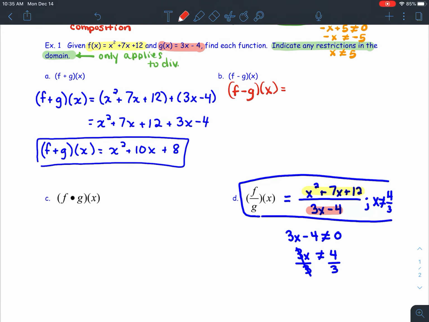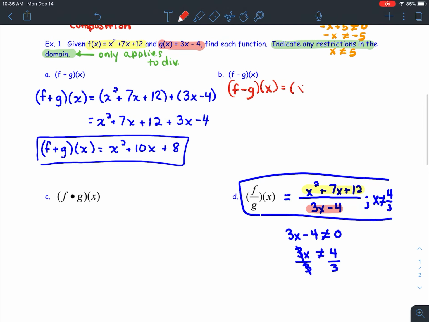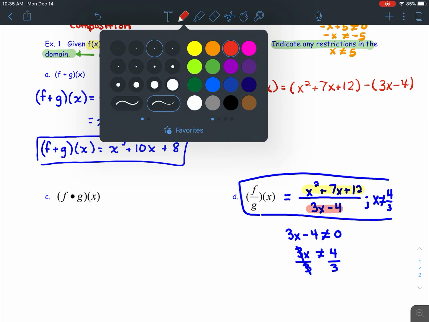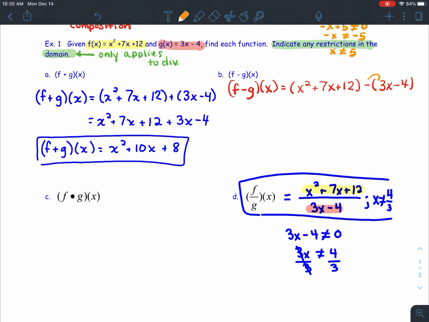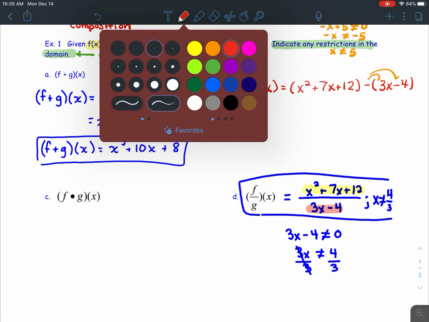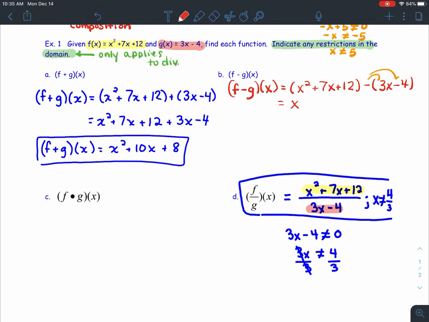Keep in mind that extra x is just telling you that those are the variables in these functions. It does not imply multiplication. So we're going to set this up with the parentheses. Here's where it's a little bit more relevant that we have the parentheses, because we're going to be distributing that subtraction sign to the second set of parentheses here.